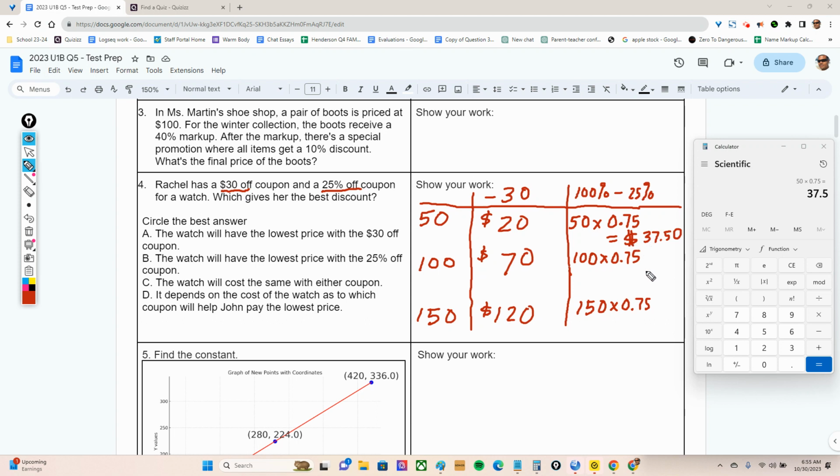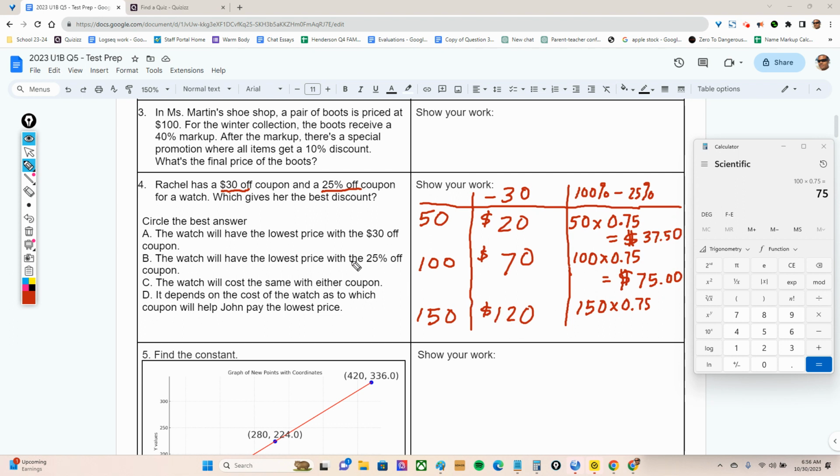And then we got 100 times 0.75 equals $75. I knew that. Dollar sign. Messed it up. I'm doing the most. Bear with Mr. H. $75.